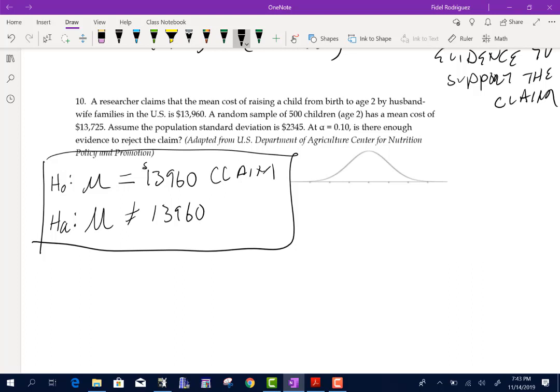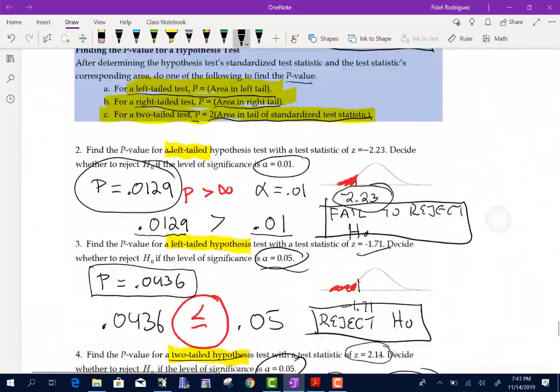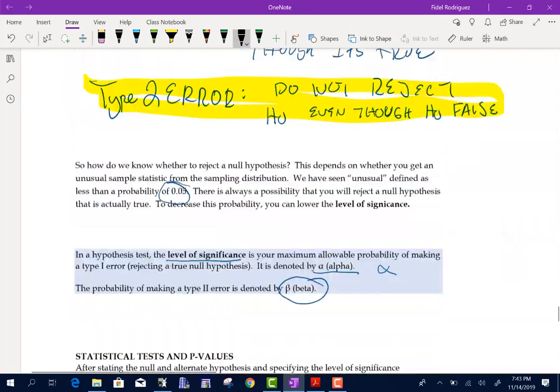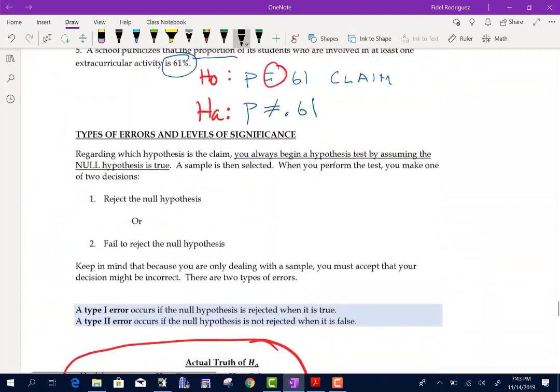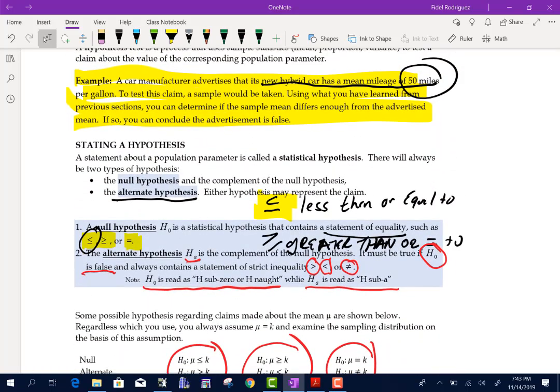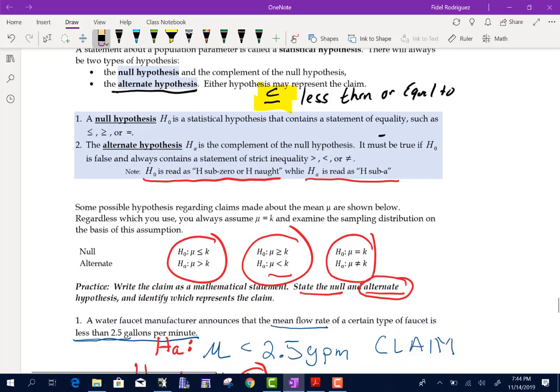Okay, so let's see. Here we go. Yeah, I might go ahead and throw that in there. Why not? Boom. There we go.